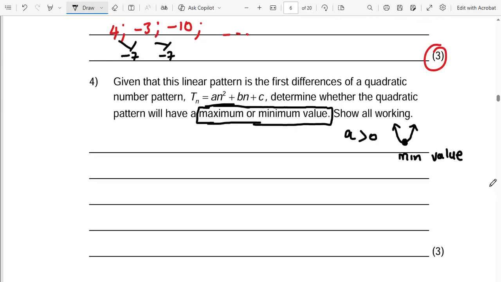And if the value of a is less than 0, you're going to have concave down, a sad face, and then it's going to have a maximum value.